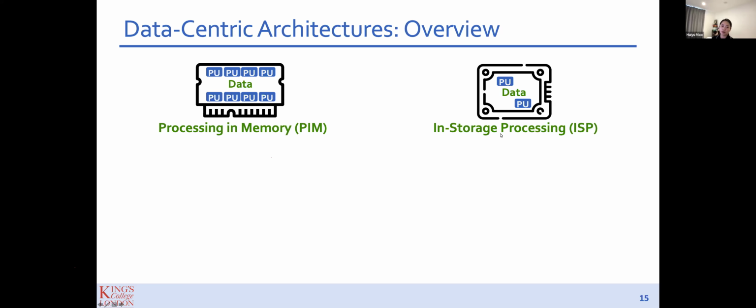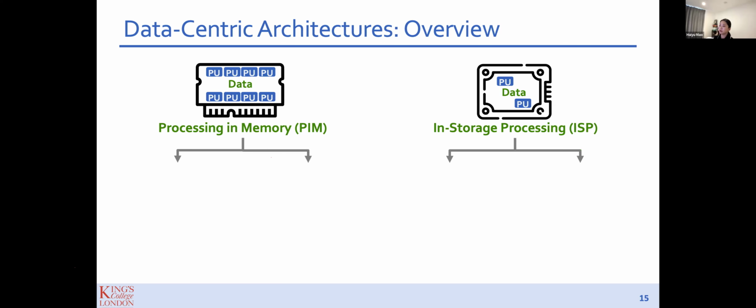And why do we call it in-storage processing instead of processing in storage? Because that doesn't sound good. If we had processing in storage, the abbreviation would be PIS. It doesn't sound like a good thing, right? So that's why we call them PIM and ISP most of the time.